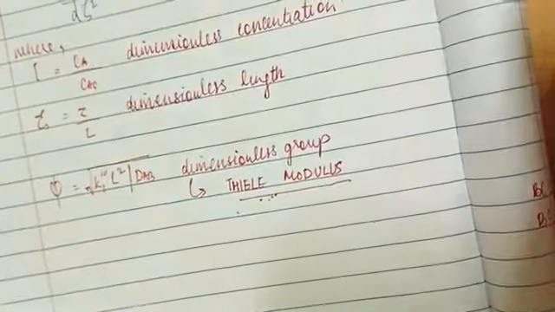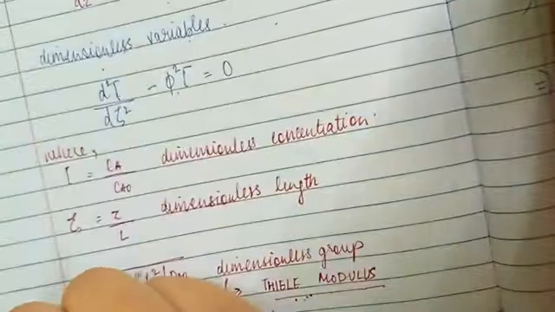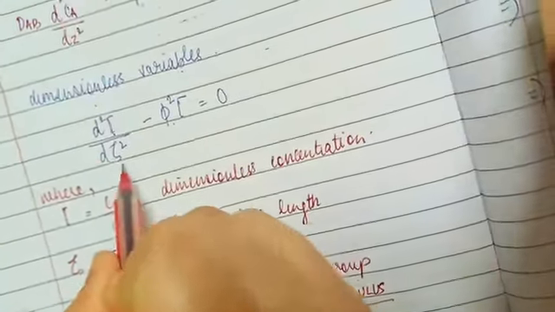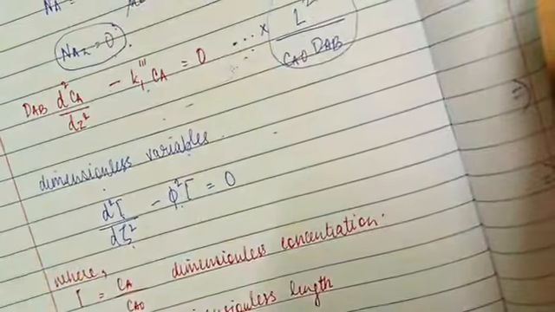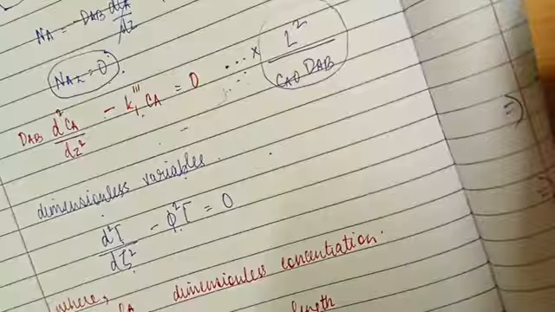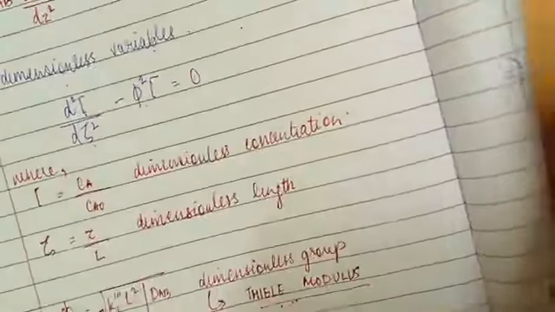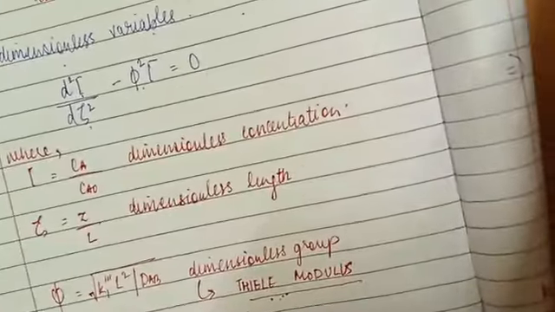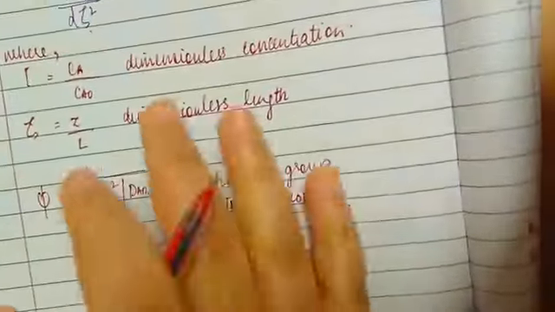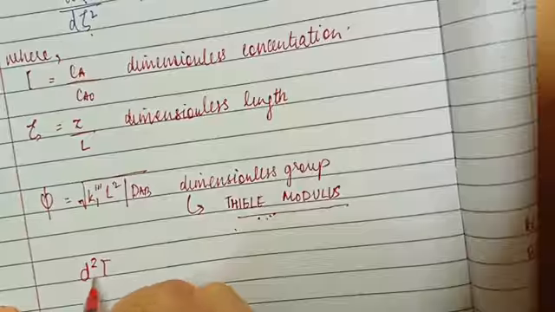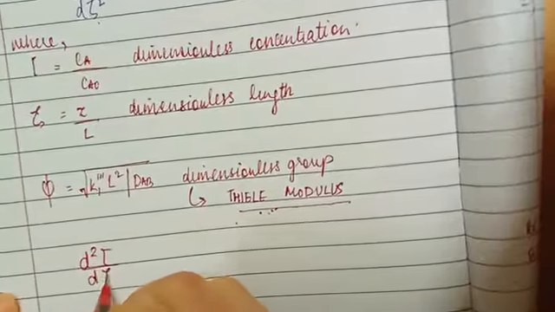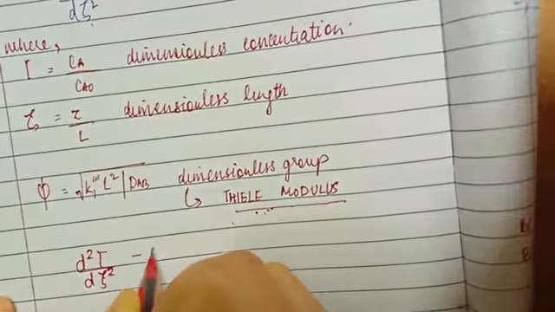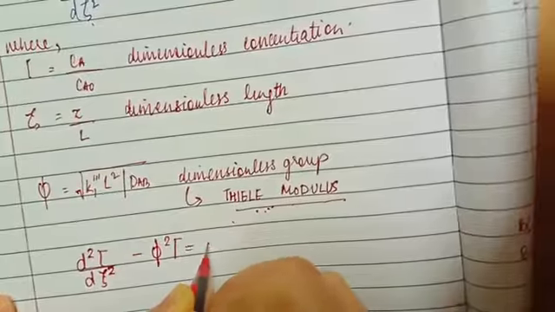Now our dimensionless variable equation is there. We need to apply the dimensionless boundary conditions for this case. Unlike in the previous equations, we use boundary conditions which are dimensionless. So, our dimensionless variable equation is d square gamma upon d zeta square minus phi square gamma is equal to 0.